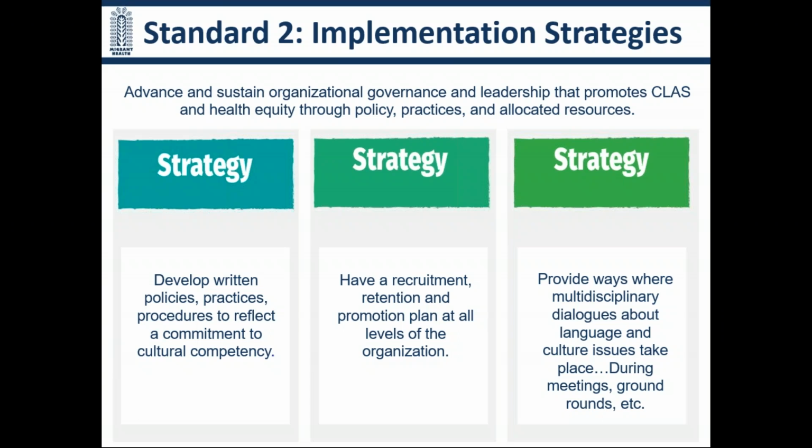Do you have all those little pieces? We'll talk a little bit more about the policies, and you'll notice as we talk about these that some of these overlap. But in general, this one's at the top level. And it's important to be able to establish those policies and the practices to be able to achieve the other standards.